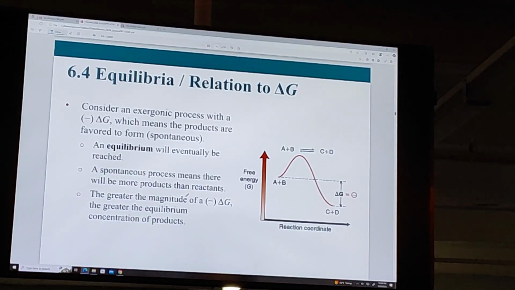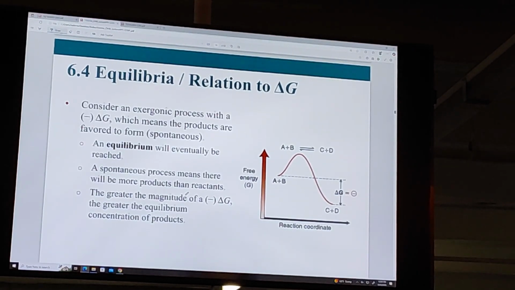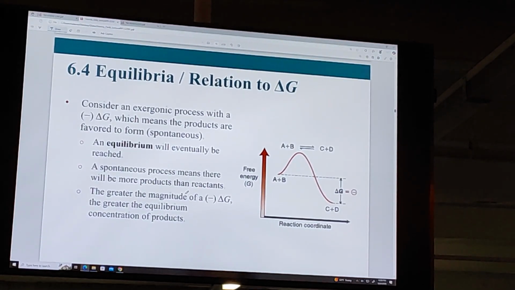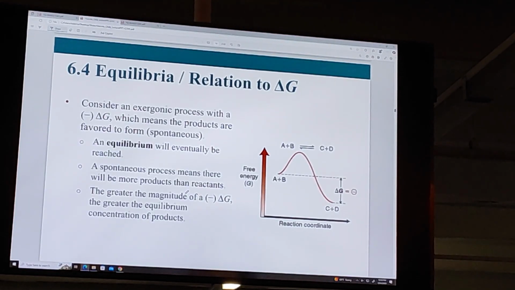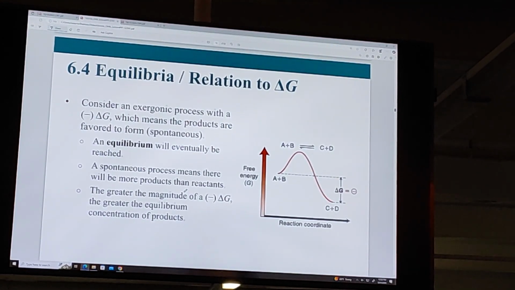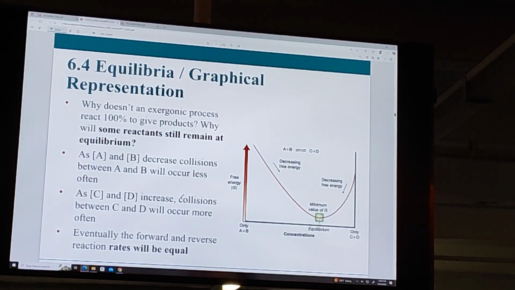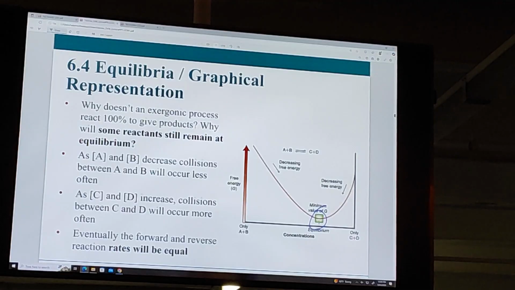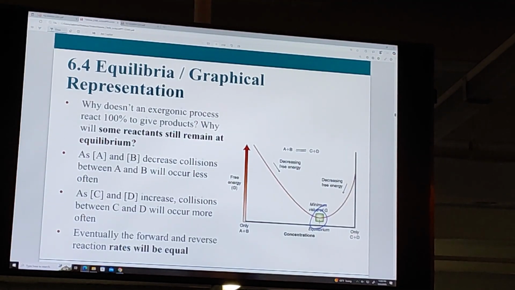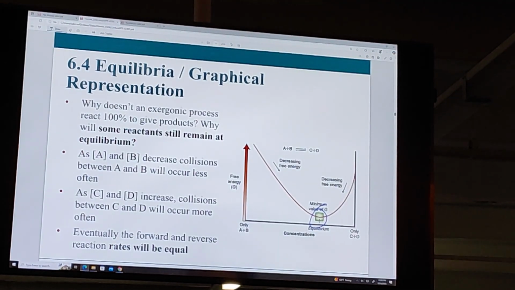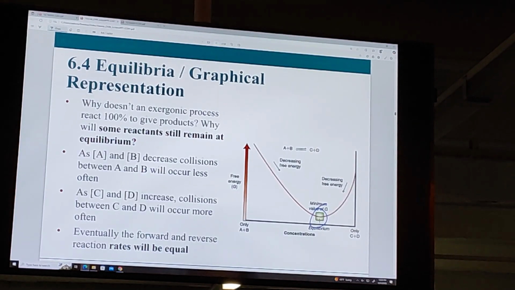Now, what does it mean when the reaction is at equilibrium? That means delta G is 0, right? And so when delta G is 0, there it is, reaction at equilibrium. That means the reactants and products are still going back and forth, but the total net is not changing.